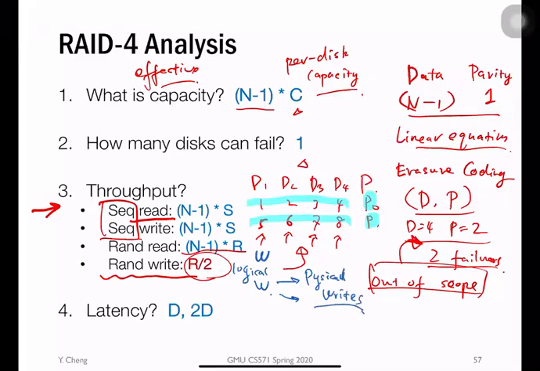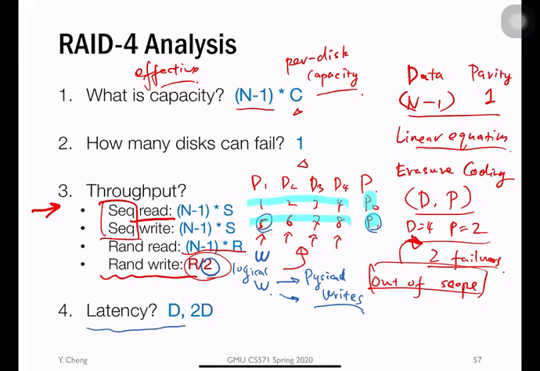Because you need to first update this one, and at the same time you need to update the parity as well. So that is why you have a factor of 2, divided by 2. So this is random write.